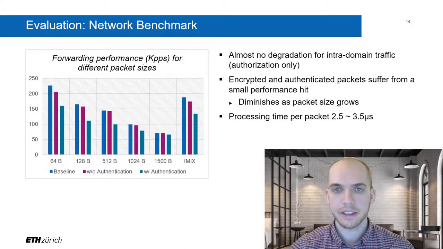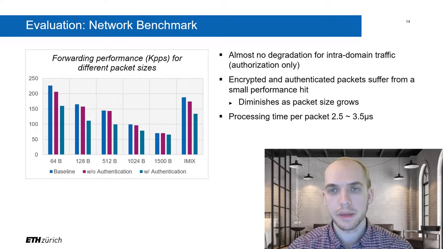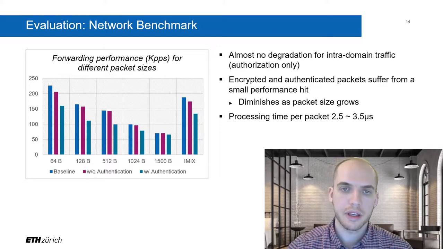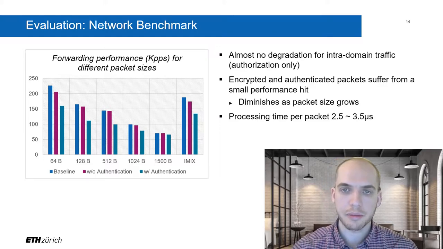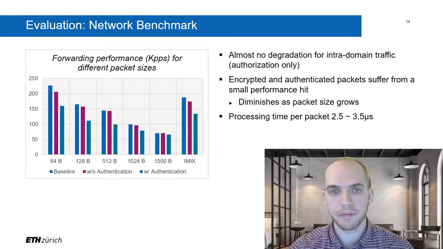Lastly, we investigated the actual forwarding performance for various sizes of packets, including a representative mixture of Internet traffic, IMIX. The baseline is the forwarding performance without Mondrian operations. The other bars represent the performance for the intradomain use case with authorization only and interdomain use case with added authentication respectively.